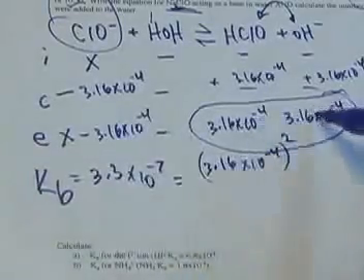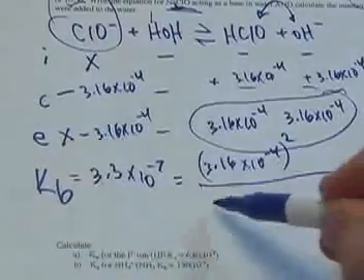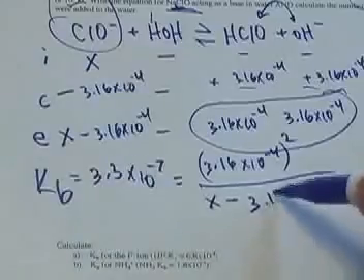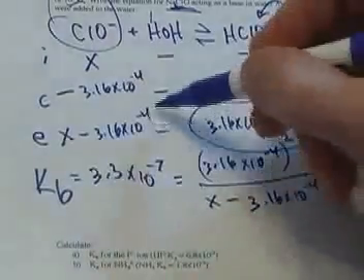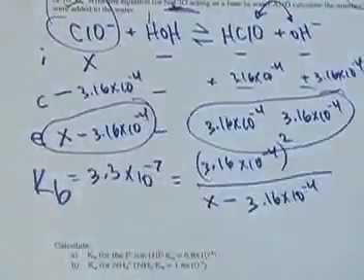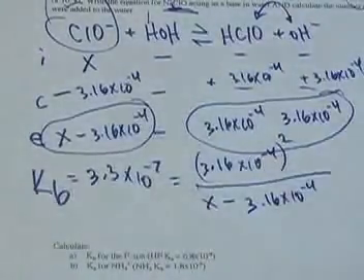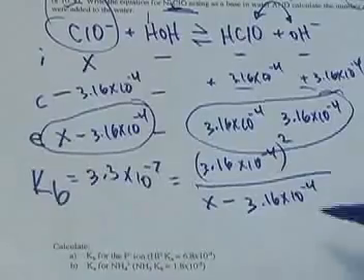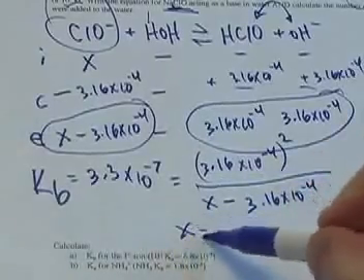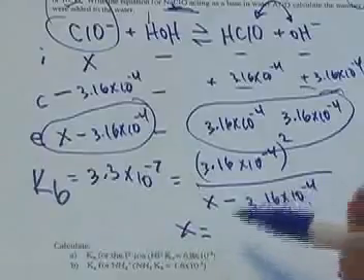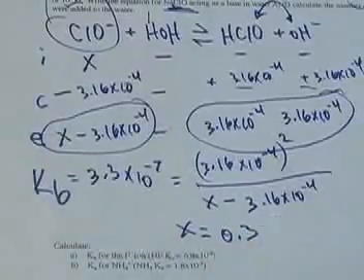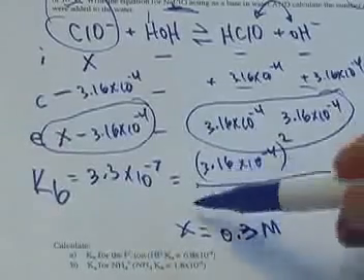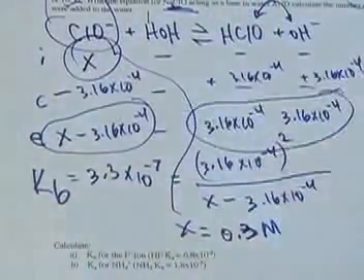I'll square that because there's 2 of them here, divided by X minus 3.16 times 10 to the negative 4th, this animal right here. Anyway, solving this equation for X, turns out that X is equal to 0.3. 0.3 molar was my initial concentration of ClO.